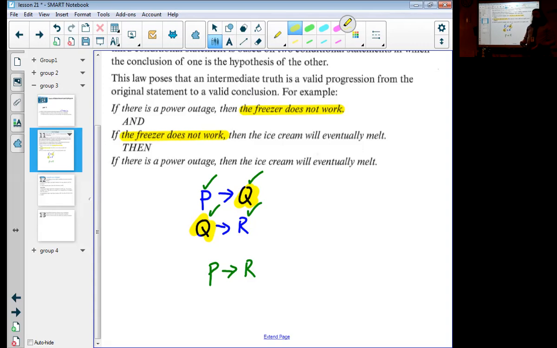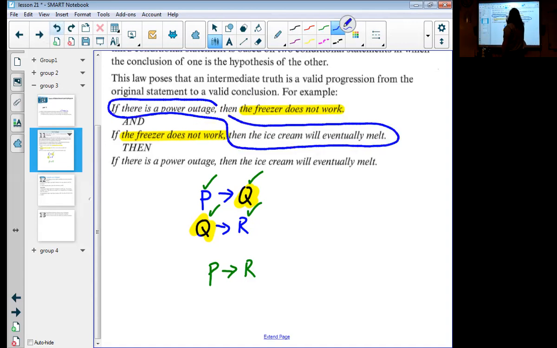Those two things are the exact same. Therefore, we can just write this statement: if there is a power outage, then the ice cream will eventually melt. That's what they have right there.